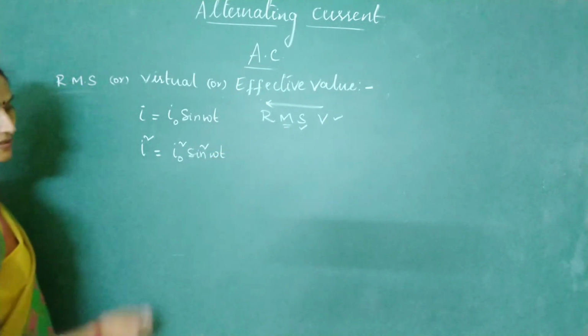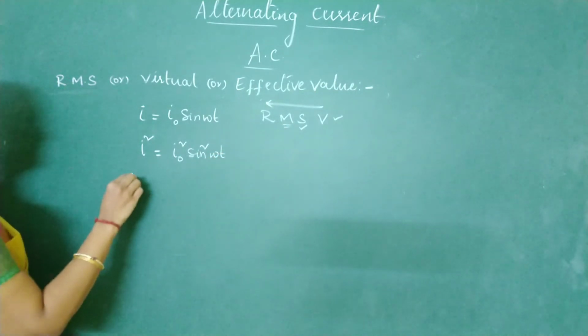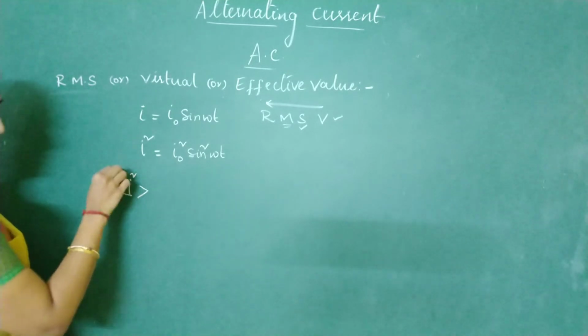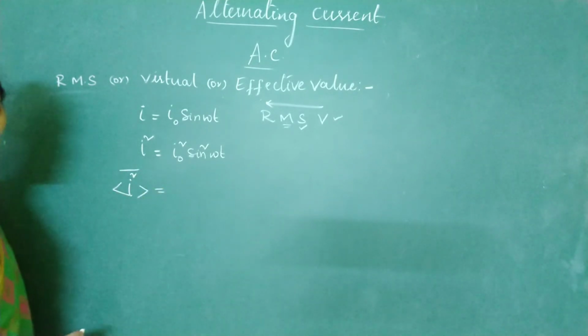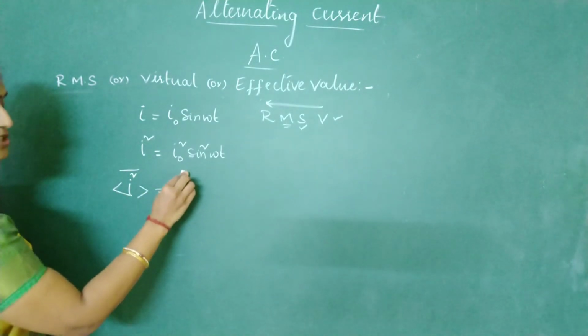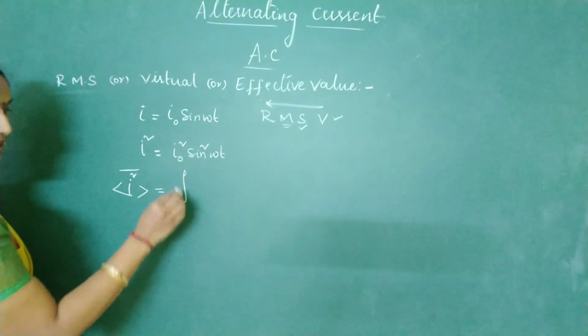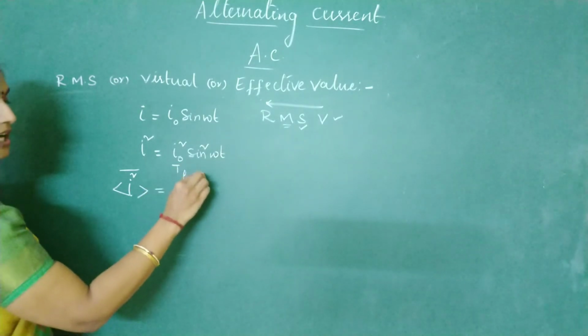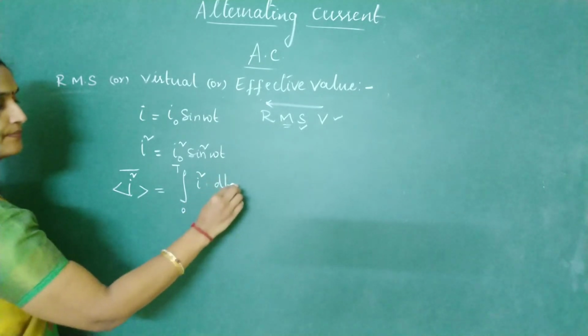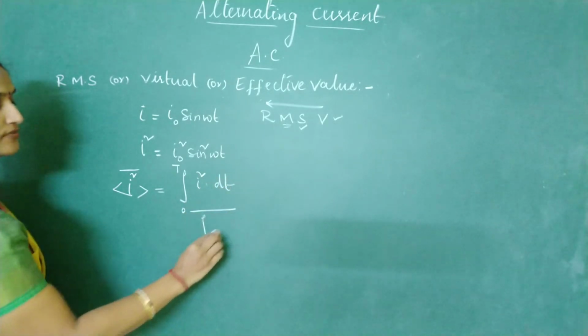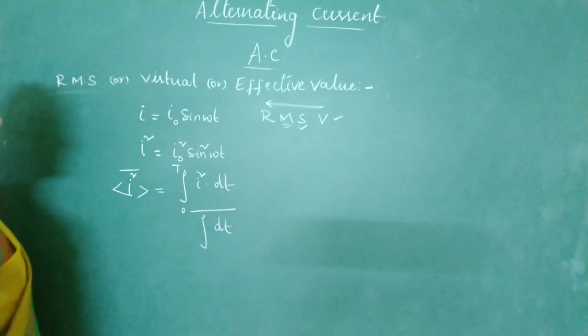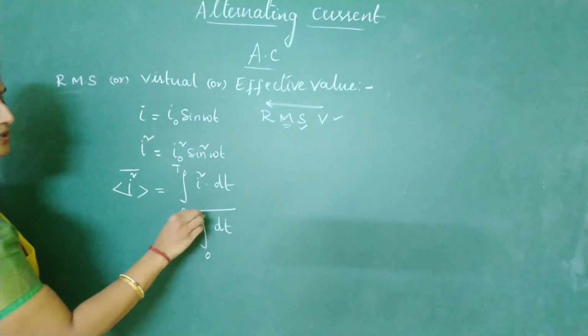Take the mean. Okay, how to take the mean? Average of I square is equal to, remember how to calculate the mean by integration method? Integral, okay, for one complete cycle, I square into dt by integral of dt. See, just now I told you how to find out average value.